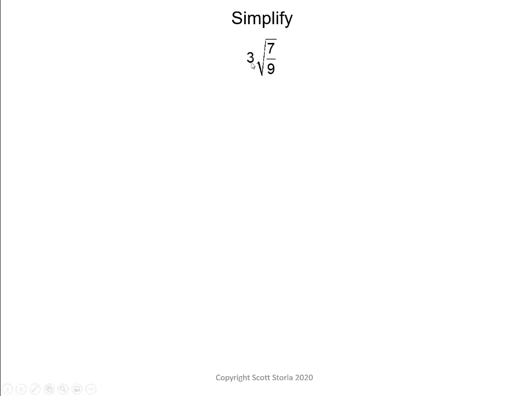Here's another. Please notice we already have a factor of 3 that's being multiplied to this square root. I'll use the quotient property to think of this as square root of 7 divided by square root of 9. Of course, the square root of 9 is going to be 3.